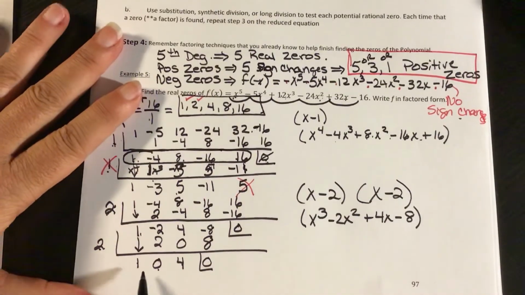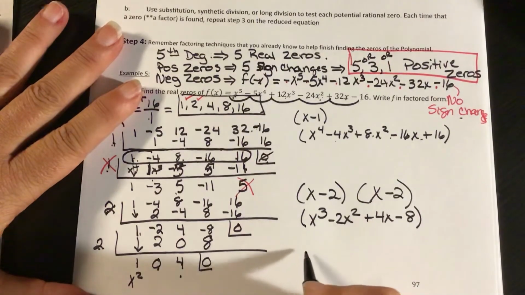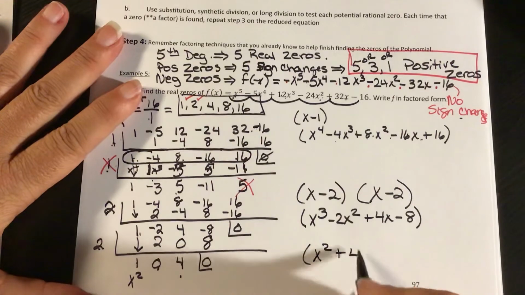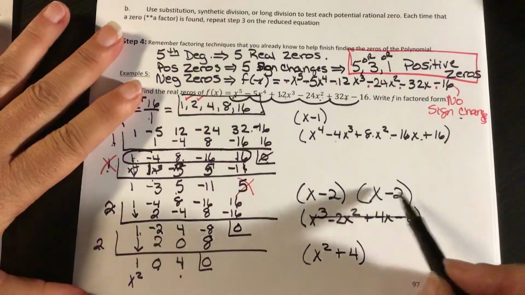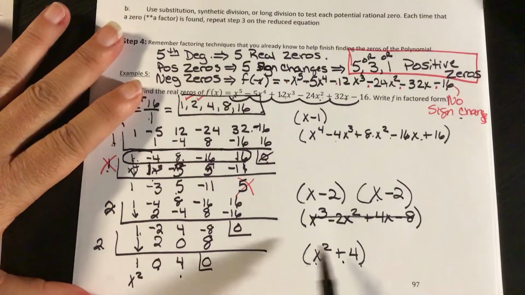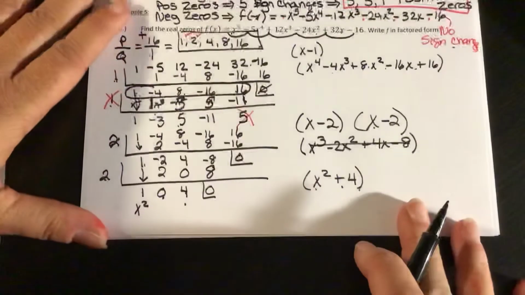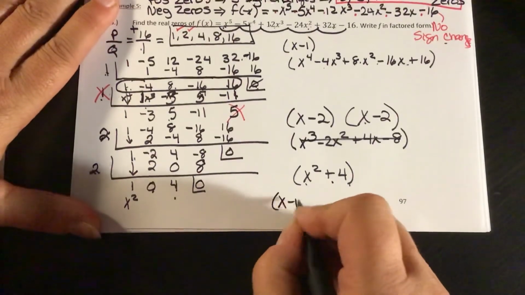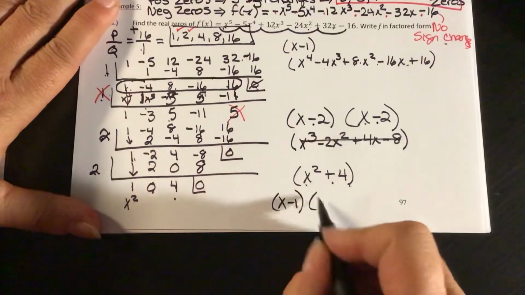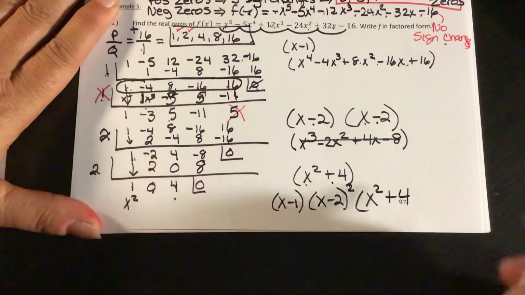What I have left here is x squared plus 0x plus 4. So this is now x squared plus 4. I know that this cannot be broken down. So what I have here is a factor of x minus 1, x minus 2 to the second power, and an x squared plus 4.